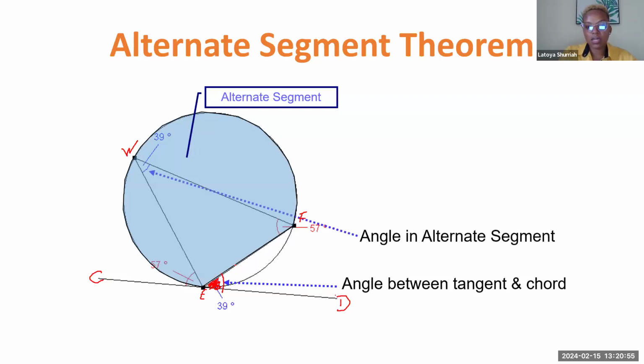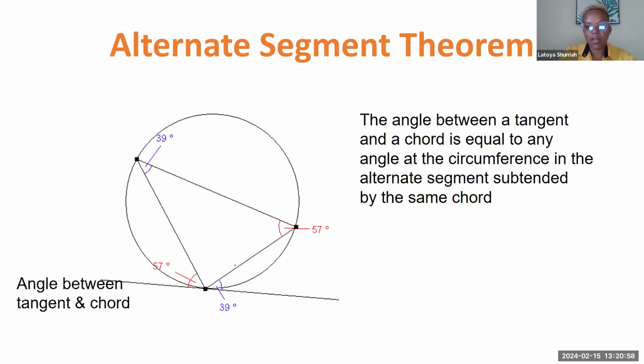So let's look at the other angle that was there. Here you can see this angle, 57 degrees, coloring it red. The angle 57 degrees is formed between the chord, which I'm going to call chord XY, and the tangent.